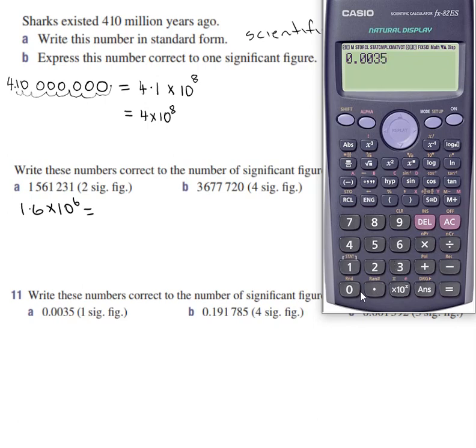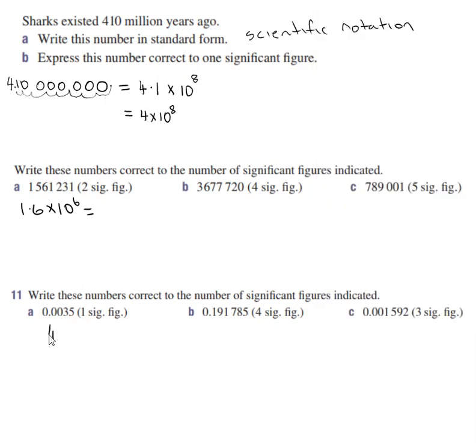Again, Shift Mode 7 for scientific notation. We want 1, so we type in 1, press equals. It's going to come up as a decimal, that's fine. Just do S to D, and there we go. 4 times 10 to the minus 3.